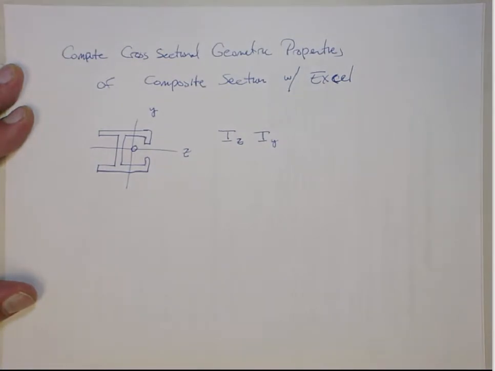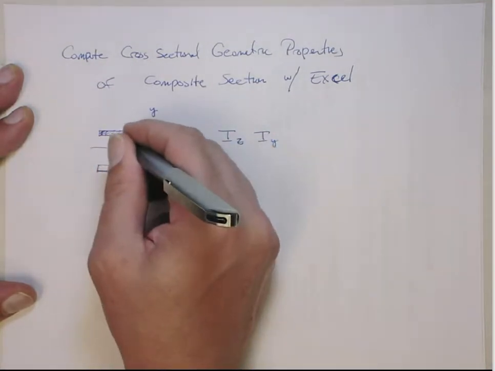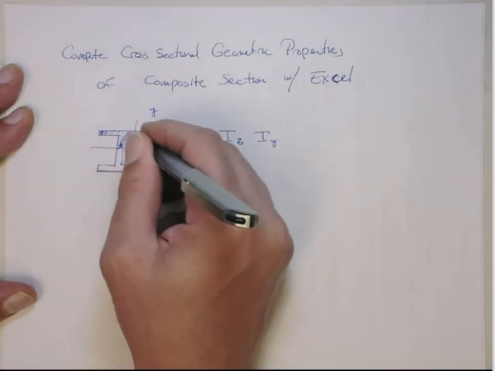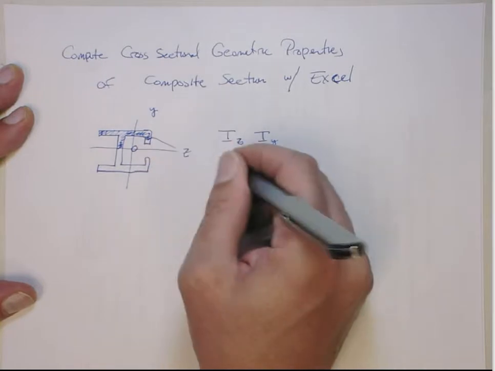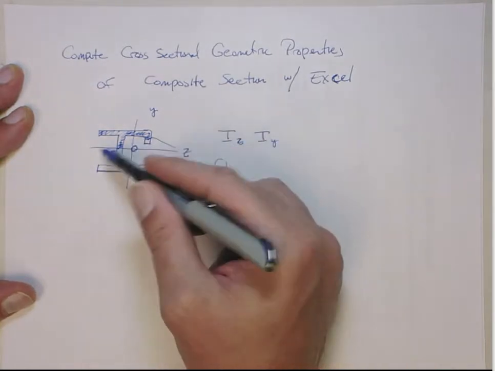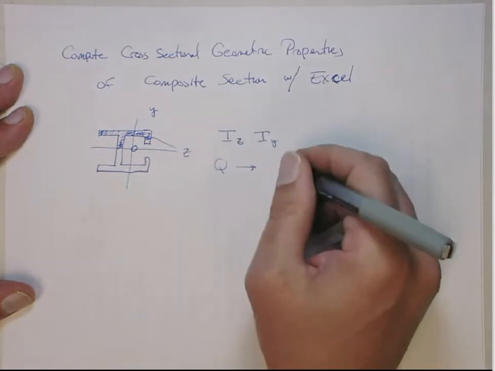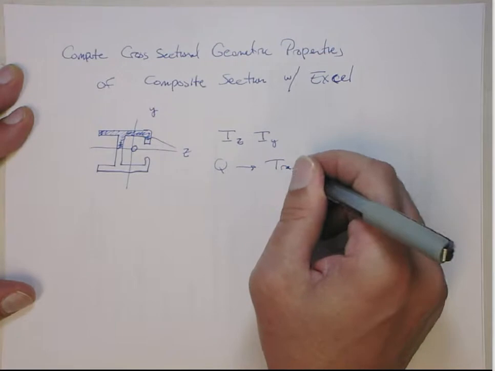Okay? Also, I won't talk about it, but if you're doing transverse shear, it would be nice to also be able to compute, and I should probably add this on the spreadsheet, but it doesn't do it yet, at least the Q value to the neutral axis, to give you the transverse shear stress.